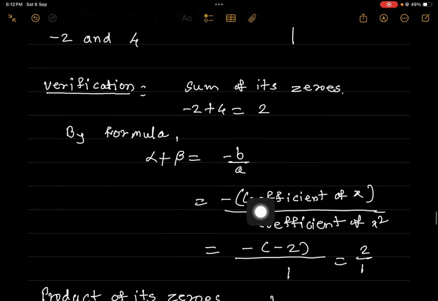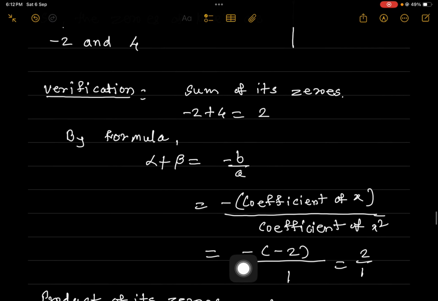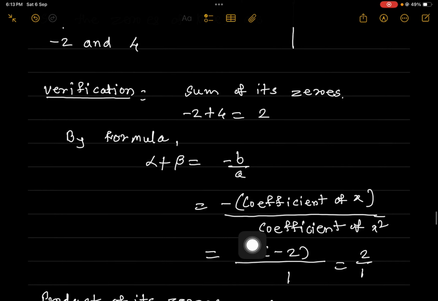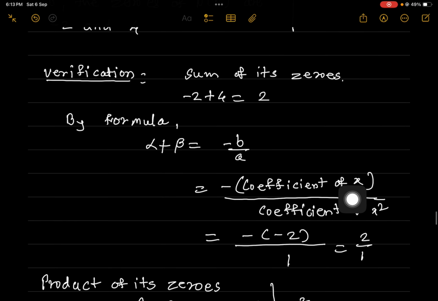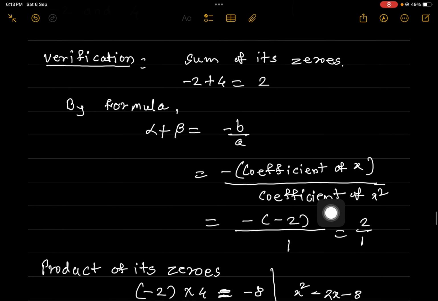Minus b upon a means what? The coefficient of x. The coefficient of x is minus 2, and outside the bracket the minus sign is already there from the formula, minus b upon a. So keep the minus sign as it is, and make it a bracket, because the coefficient of x has a minus sign, upon 1. A means what?